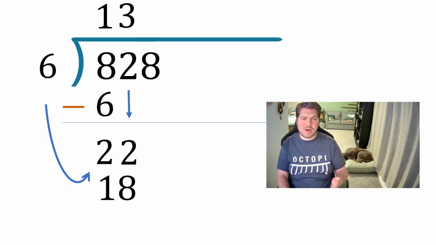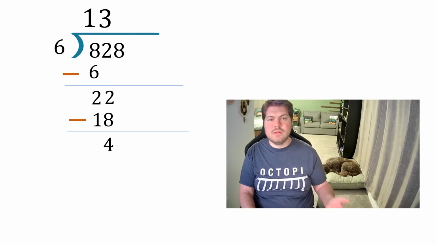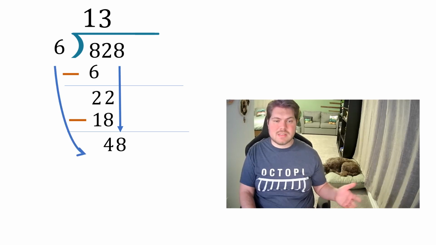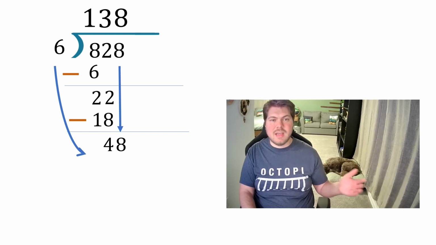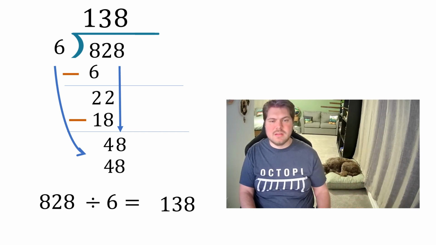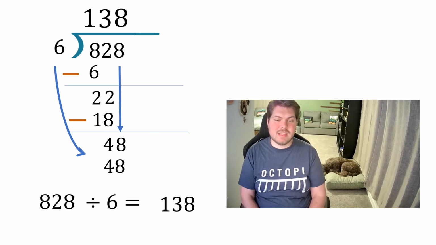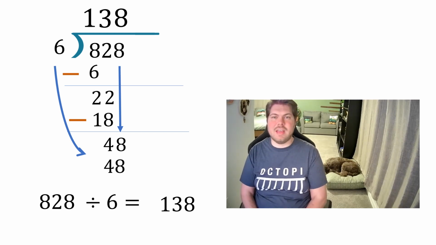So you're going to subtract these and see what you have left to work with. And you have 4. 6 doesn't go into 4, so we bring down our 8. Now we see how many times 6 goes into 48. 6 goes into 48 8 times. So 828 divided by 6 is 138.